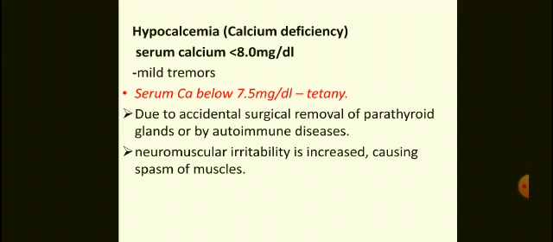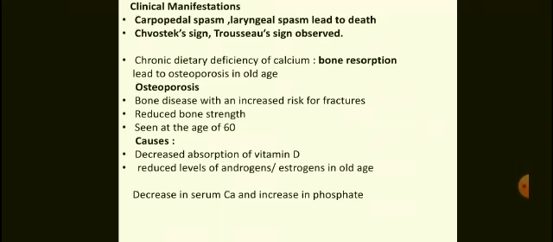And this can happen in case of accidental surgical removal of parathyroid glands or by autoimmune diseases. Here, in case of tetany, neuromuscular irritability is increased, which causes spasm of muscles.